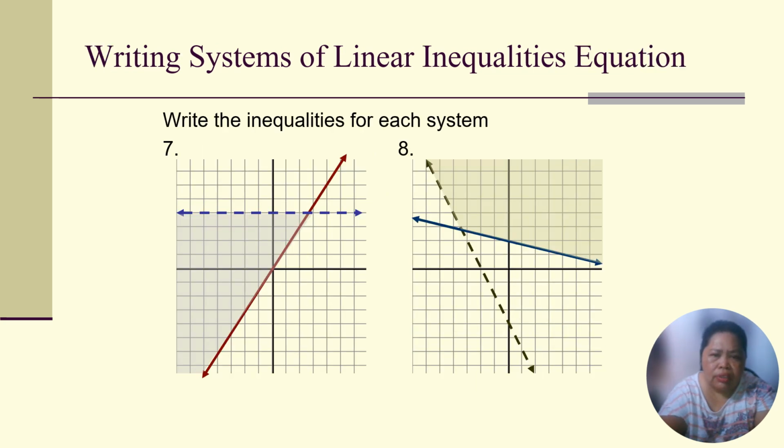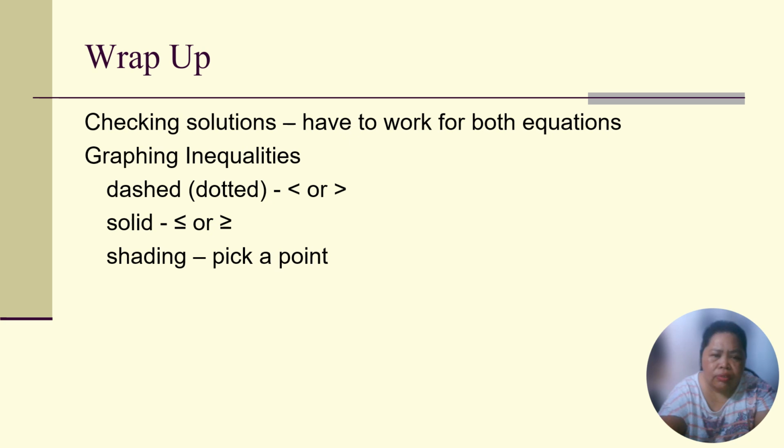Do this, and of course, checking solutions have to work for both equations. Remember, in graphing inequalities, use a dashed or dotted line for less than or greater than, and a solid line for less than or equal to, or greater than or equal to. For shading, pick a point.